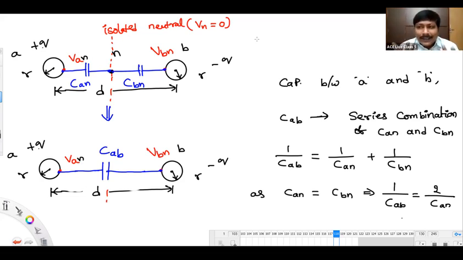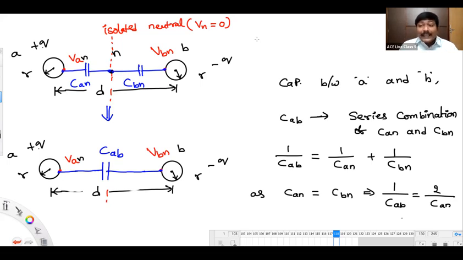So ground is a conductor, as you know. Definitely, we will have the effect of ground in the voltage as well as the capacitance calculation of the conductors. Yes or no? Definitely, there will be an effect of ground on the capacitance calculation.